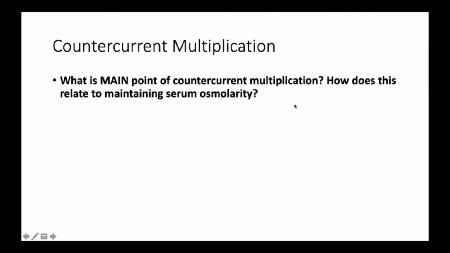Okay, so let's do Jared next. So the main purpose of countercurrent multiplication is what? And how does it contribute to maintaining serum osmolarity? So it's to create an interstitial ion gradient to allow you to reabsorb water. Gotcha. So why is this important for maintaining serum osmolarity? In the last part of the collecting duct, the only thing you can really do is change how much water you reabsorb, but it only works if you have a high gradient in order to reabsorb the water.